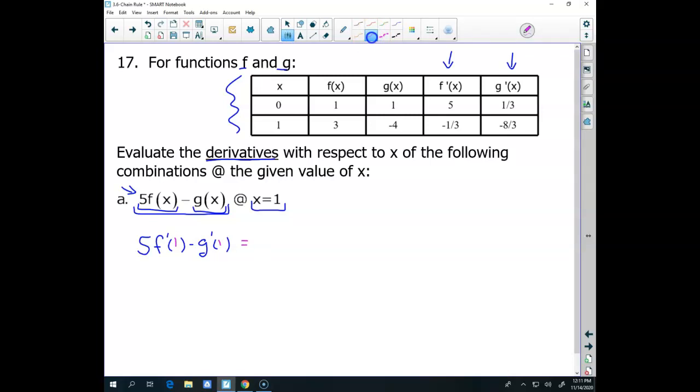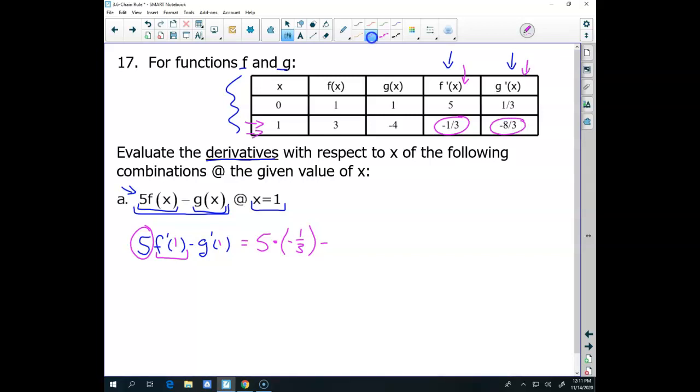So from there, now I'm going to say I got my constant 5. That's going to get multiplied by f prime of 1. So I got to come here, f prime at 1. So I know f prime of 1 is negative 1/3. So that's going to be times negative 1/3 minus g prime of 1. So I come to my g prime column at 1.